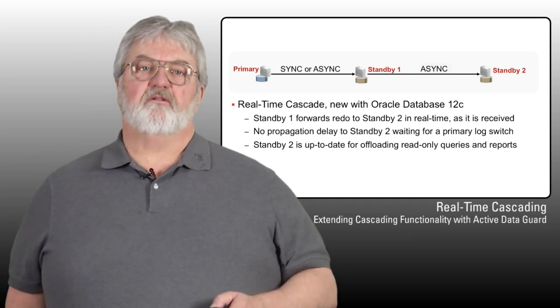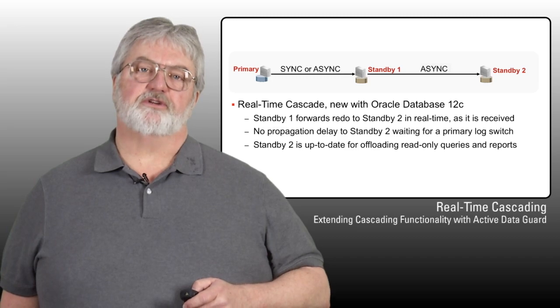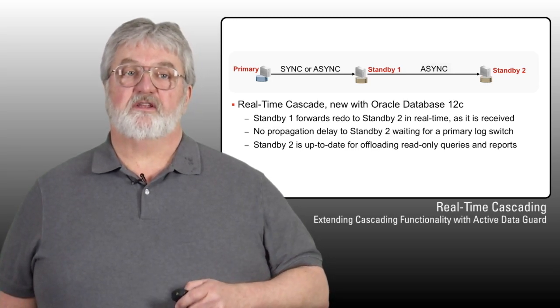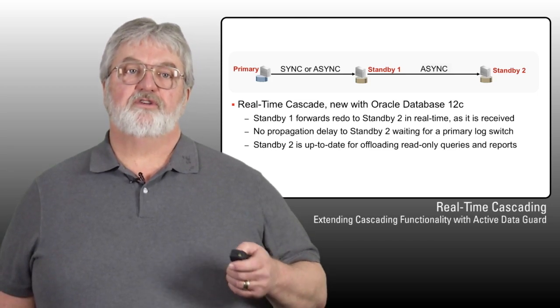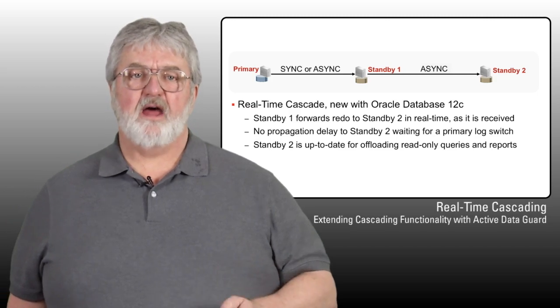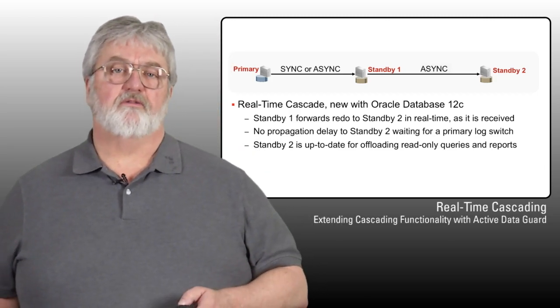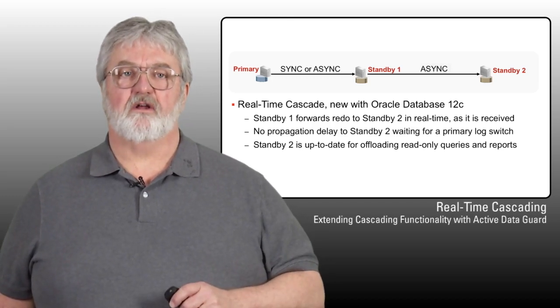This gives you the availability of being able to open the standby 2, as in this picture, and then say, let me see the data, and actually see live data, as opposed to the old manner of shipping when a log switch happens at the primary database. That method is still available, is part of Data Guard, and always will be. The real-time cascading is part of Active Data Guard.